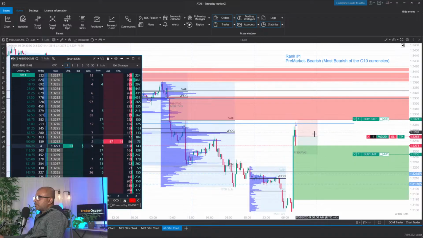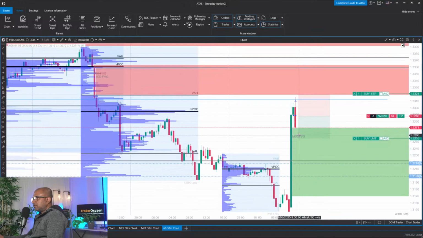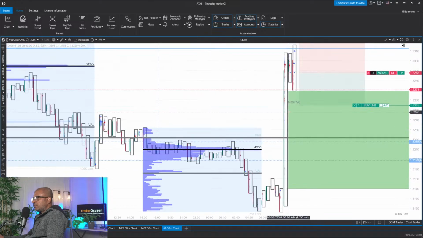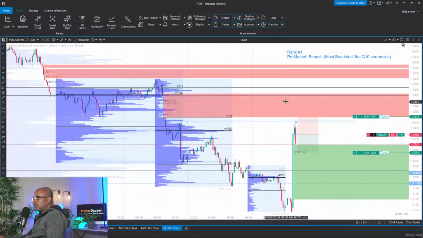So this setup was mainly based on volume profile, and you can see it was based on the footprint chart analysis as well. This is soon after the news.